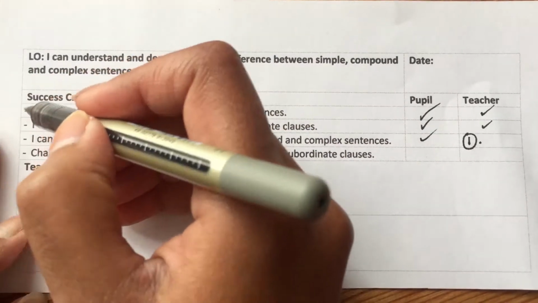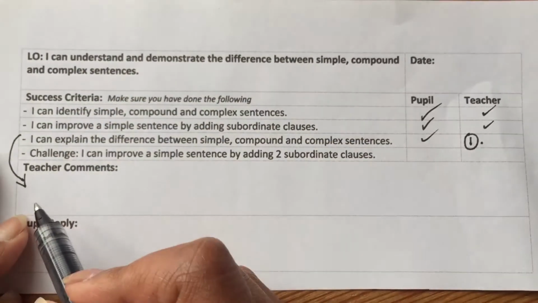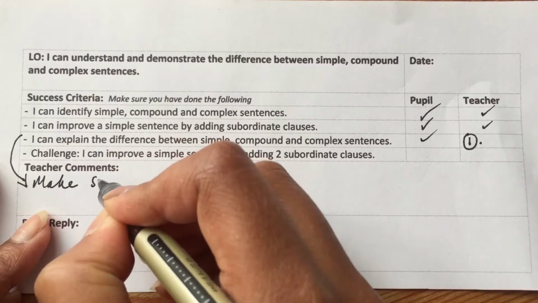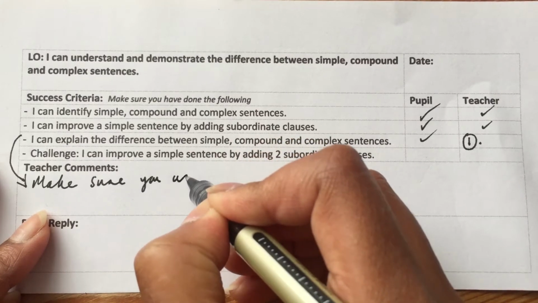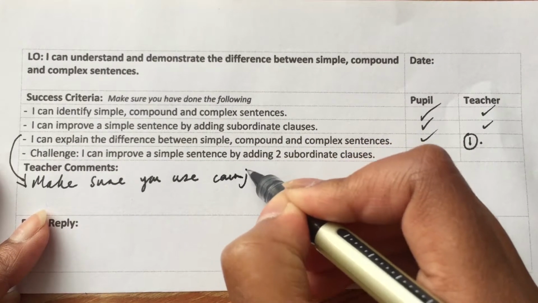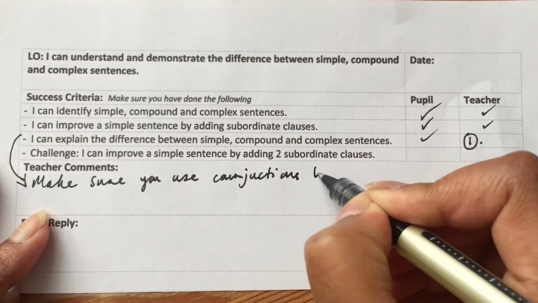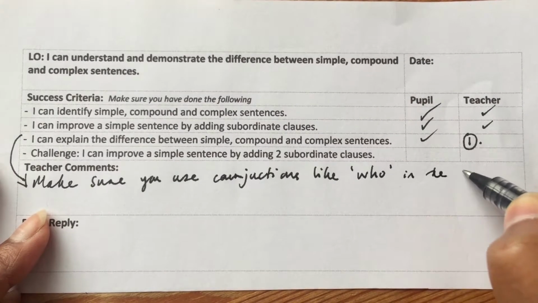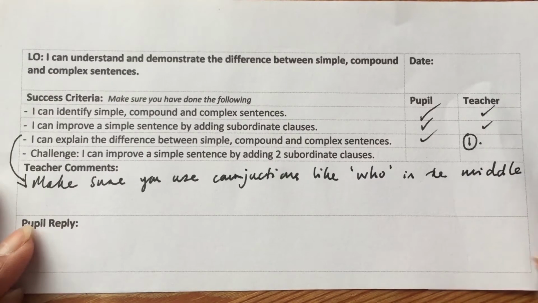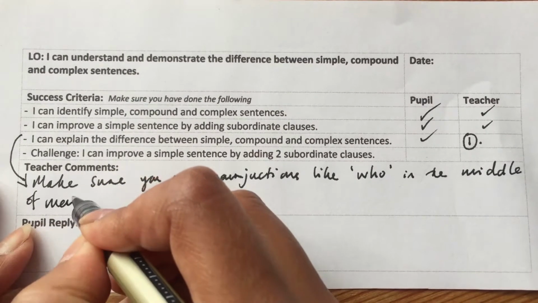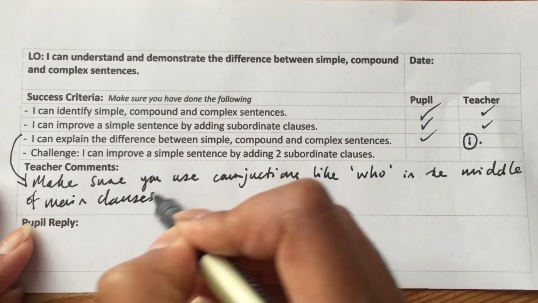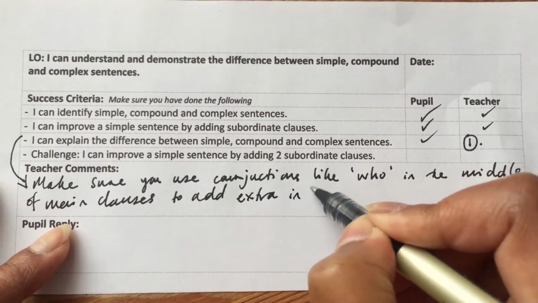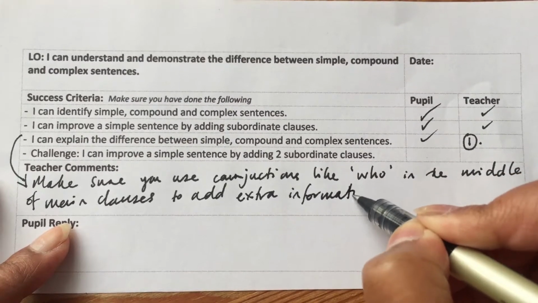Or if you want to, I can have an arrow come down like that, and I can write a comment and say, make sure you use conjunctions like who in the middle of main clauses to add extra information. Okay, so this could be your comment.